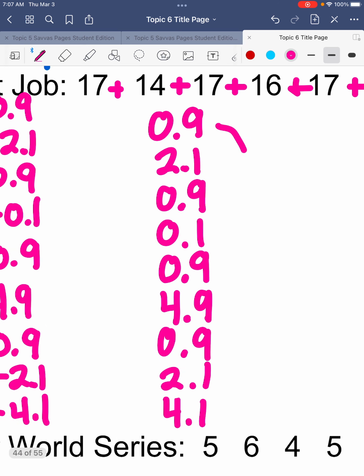And now I'm going to add up all of these terms and divide by the total number of terms.